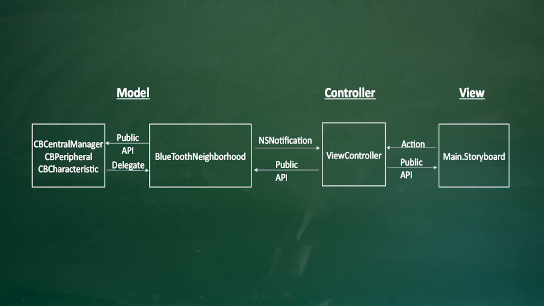The model will talk to the CB Central Manager, which will do its thing. Then the model will be notified by the CB Central Manager through the delegation system that something has happened. When that happens, it'll send an NS notification that the view controller is listening to.